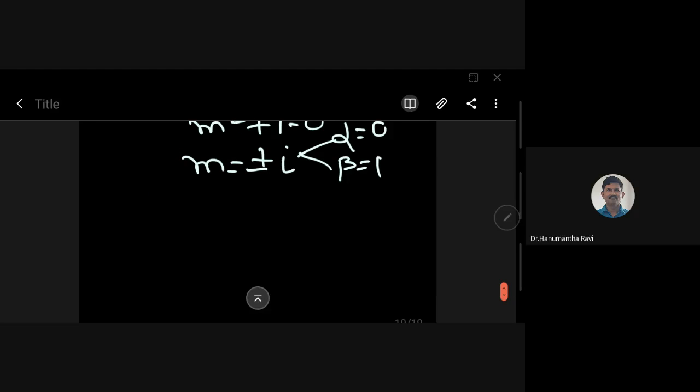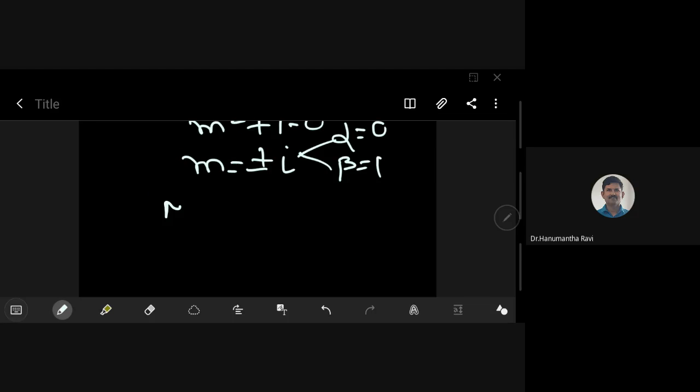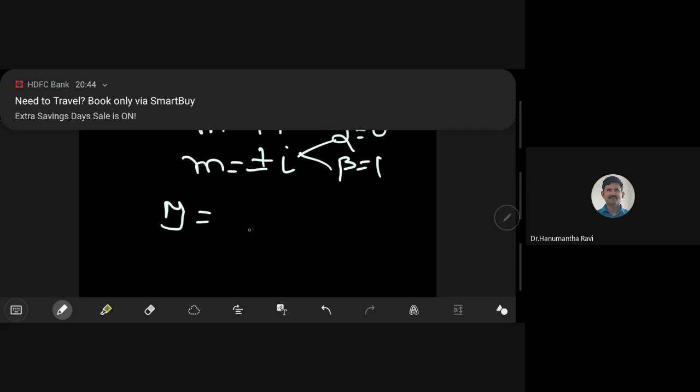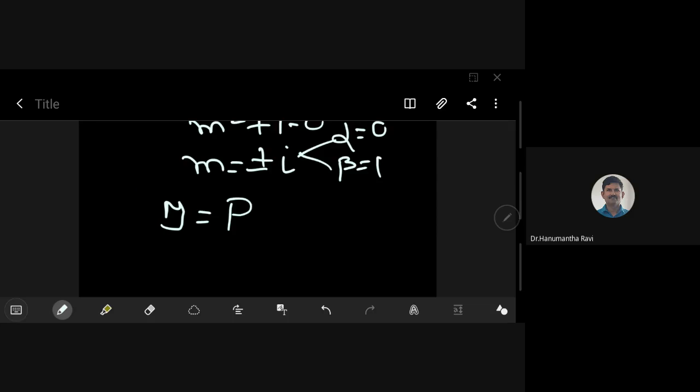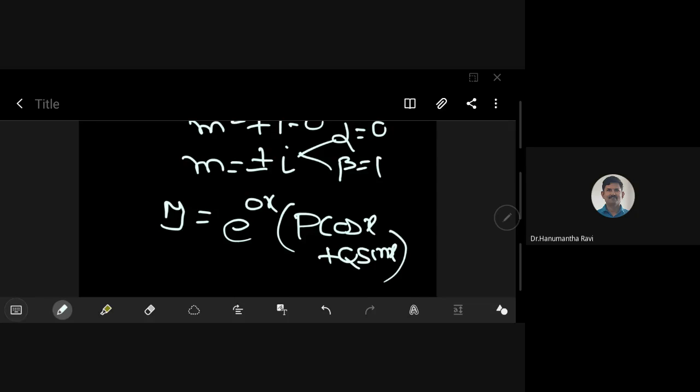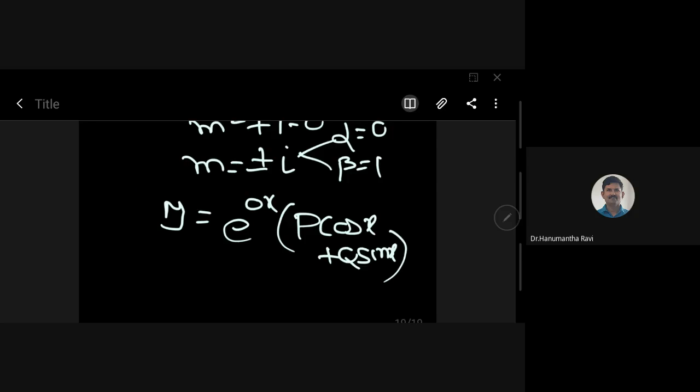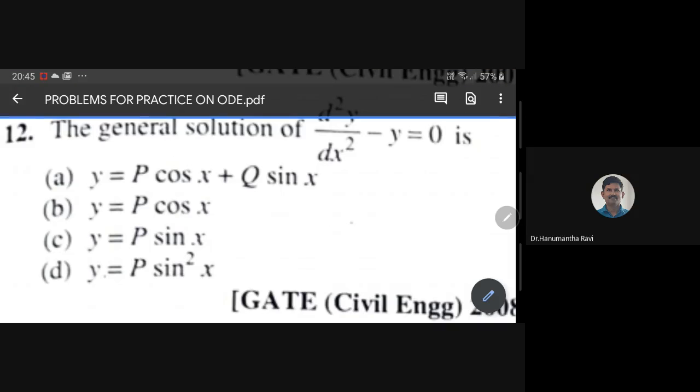So y is equal to e power 0x into p cos x plus q sin x. So the answer is A.